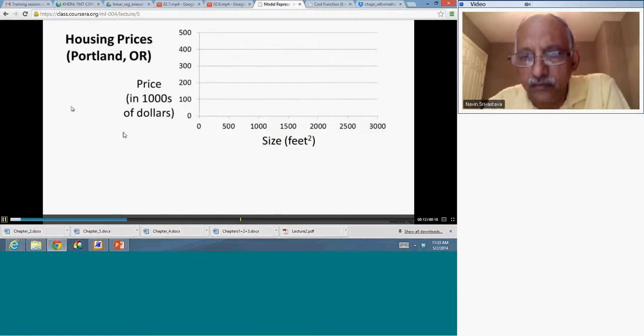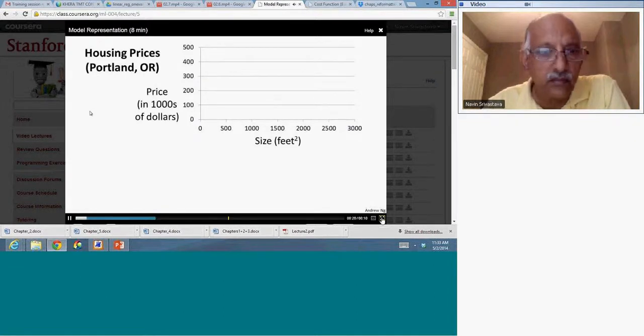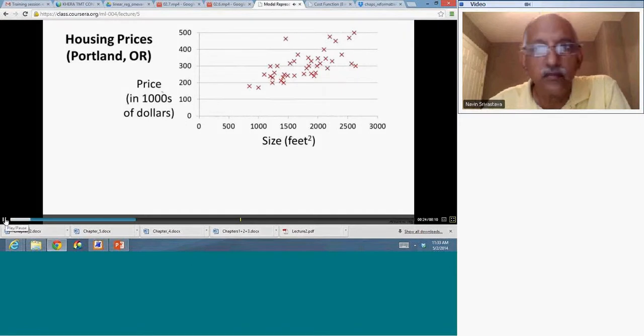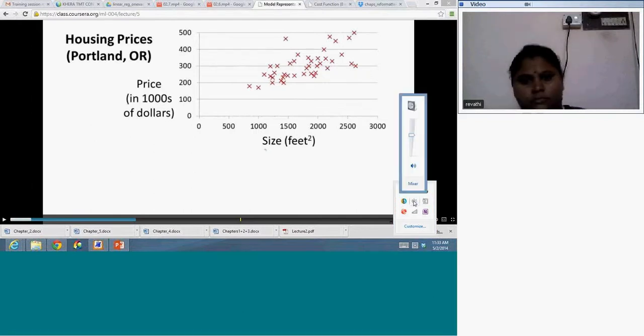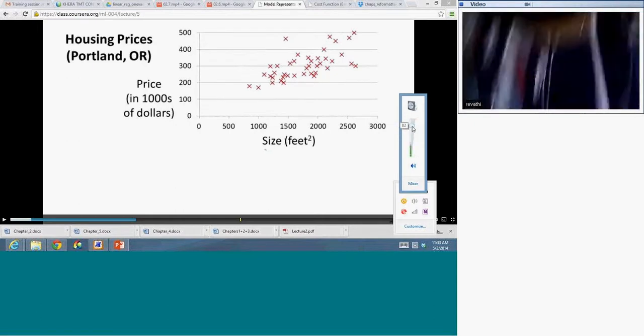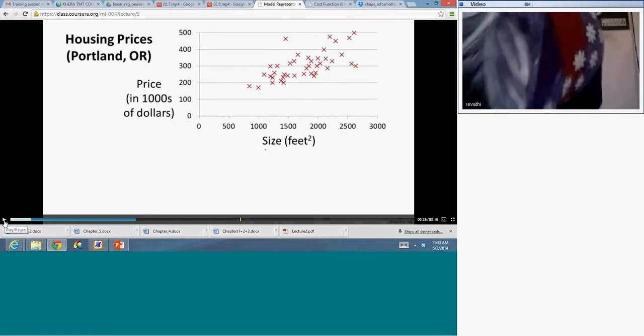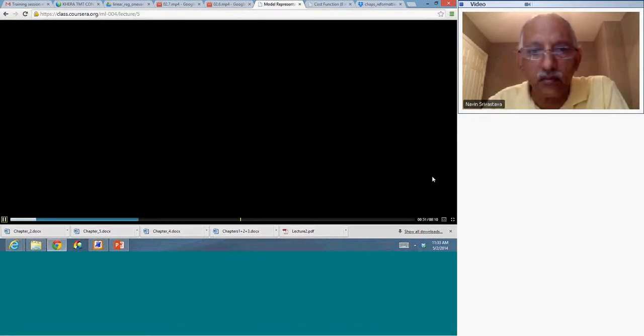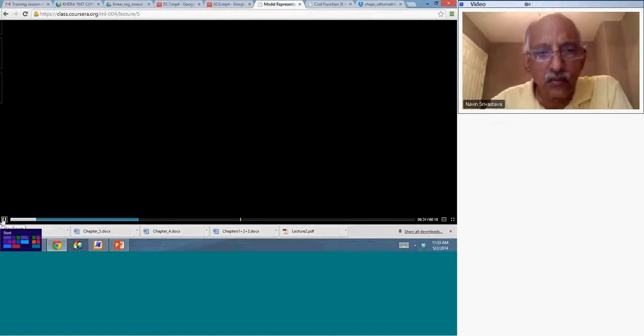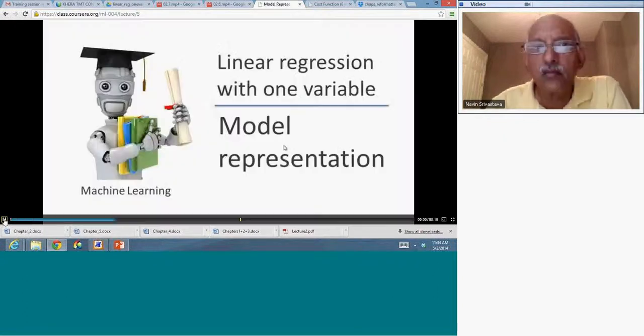Example, housing prices. That will give different prices. You see what the model looks like.